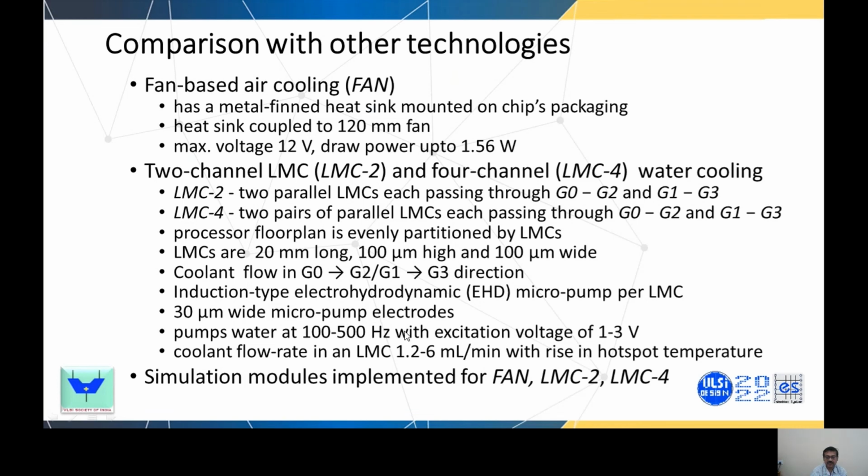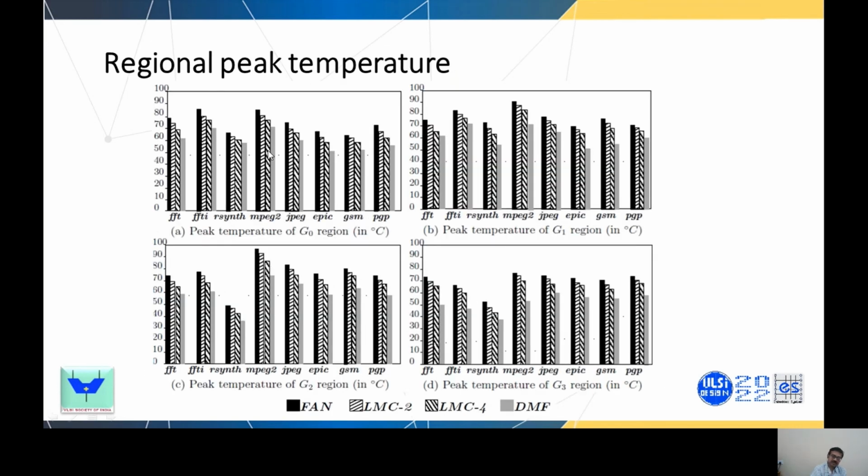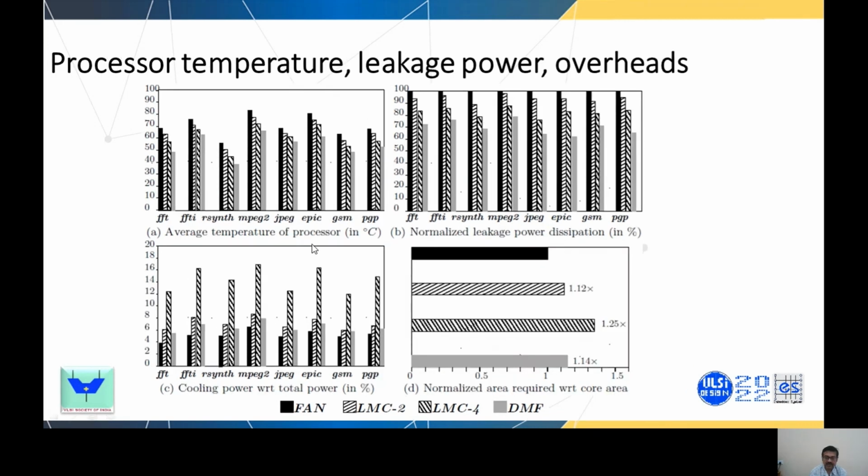So we analyze the regional peak temperature reduction for each region. See, the regional microfluidic based cooling achieves a sufficient amount of heat reduction compared to the other techniques, and this reflects in the average processor temperature, and the normalized leakage power is reduced.